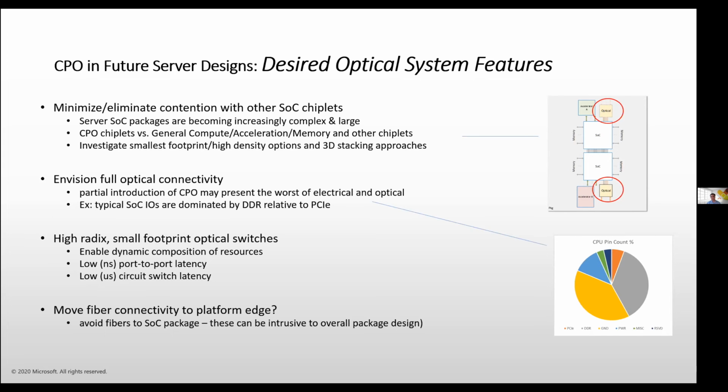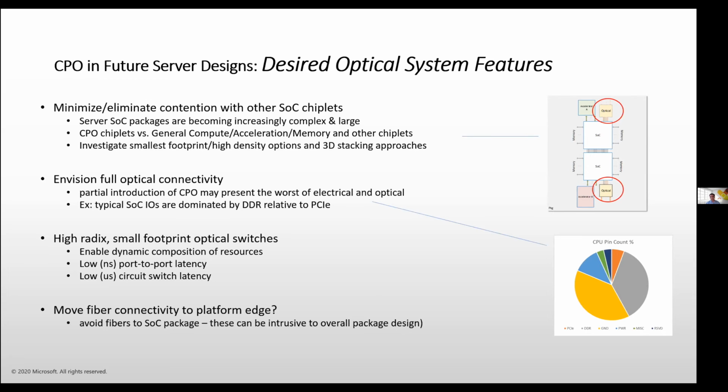So that's the dominant part that's burdening an SoC, and you're not directly addressing that with CPO, but you're focusing on, say, PCI and some other IO connectivity, you're not solving the problem, and there can be a perception that you're actually compounding what is already a bad problem with DDR.